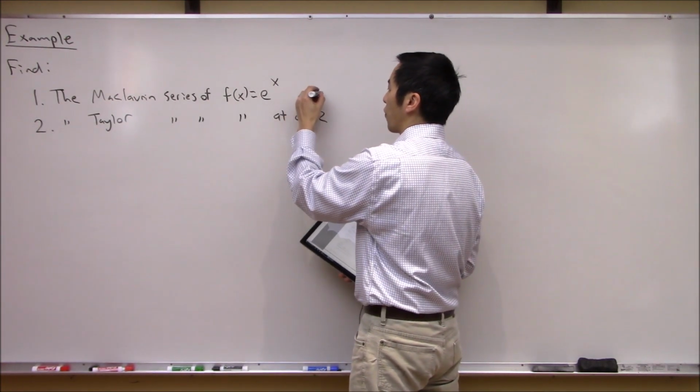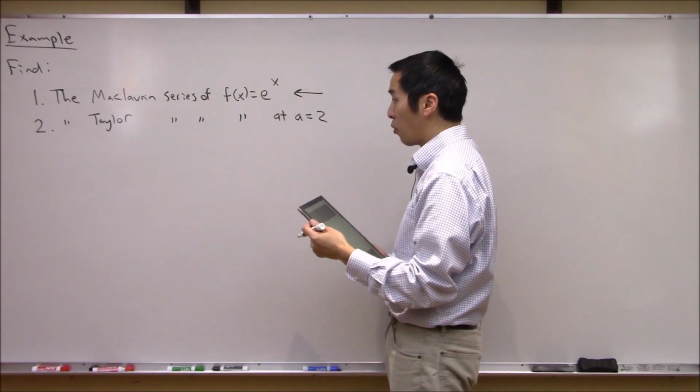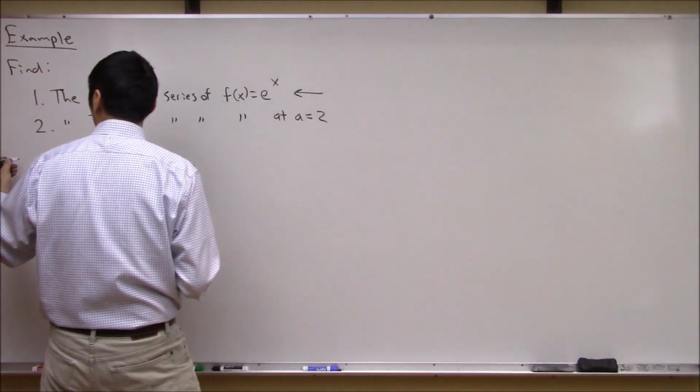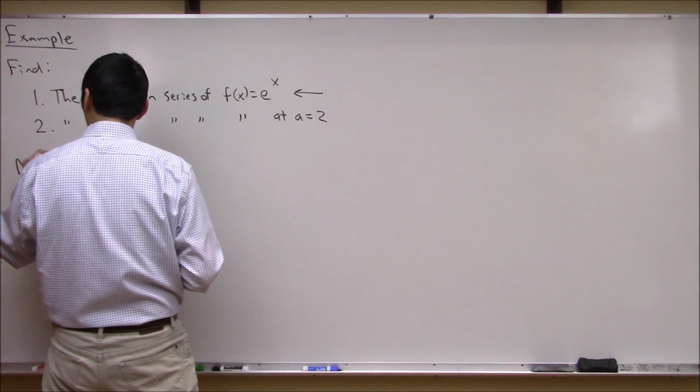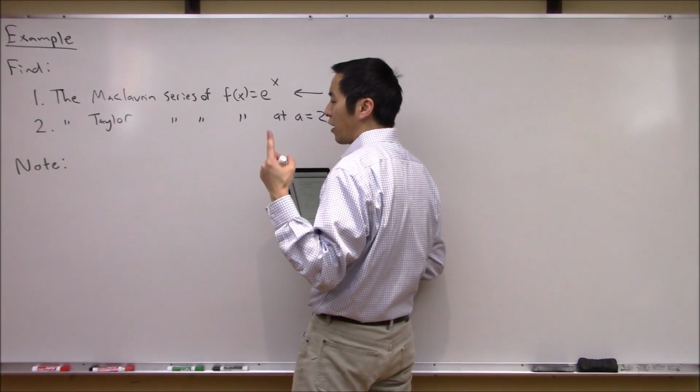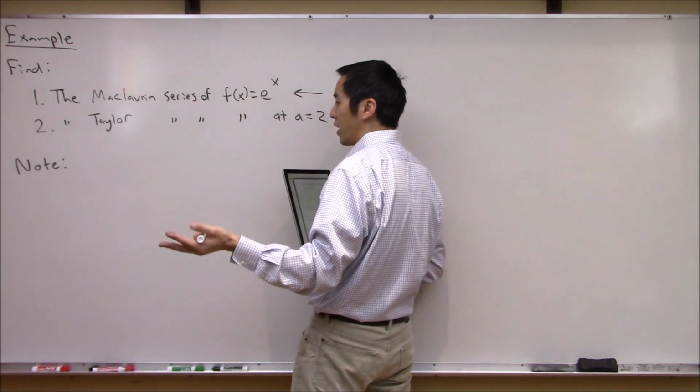Let's go ahead and start with the first one, since the Maclaurin series is probably the simpler situation. As a quick note, we saw earlier that we're going to need the derivative of this function: the first derivative, the second derivative, the third derivative, and so on.